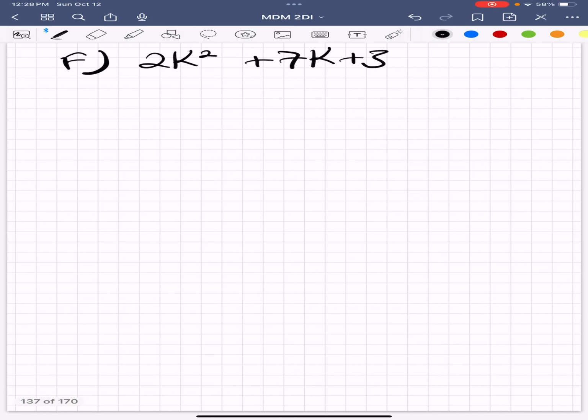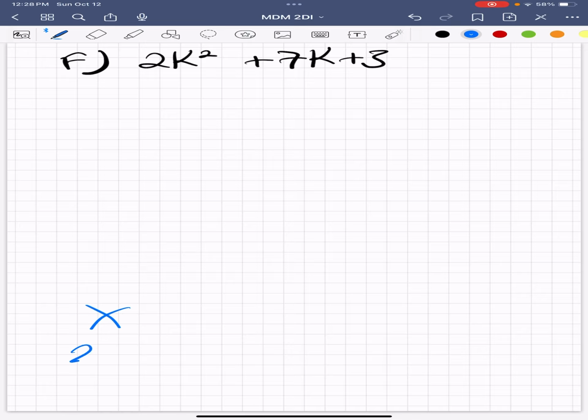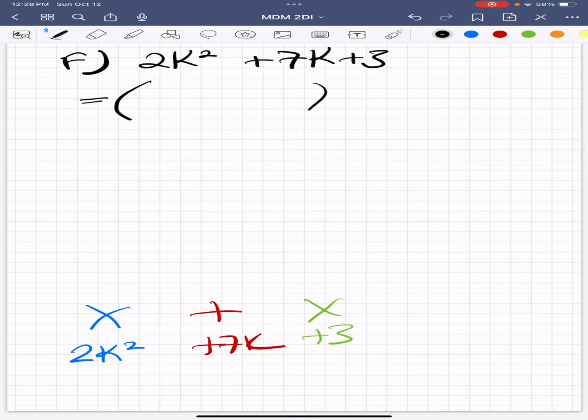And now we have f. So we need two factors that multiply to 2k². It must add to positive 7k, and it must multiply to positive 3. Positive 3 is also a prime number, so it's just going to be 1 and 3.